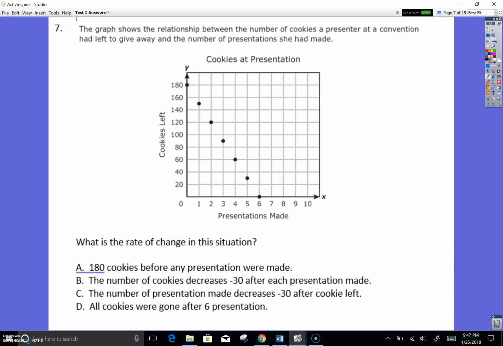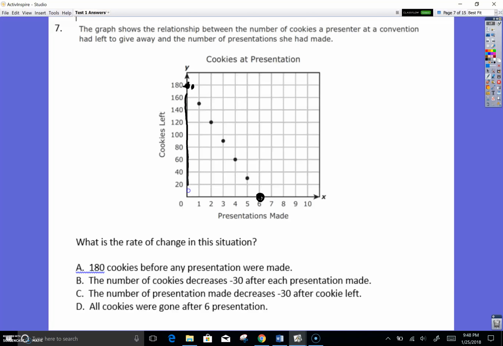Okay. The graph shows the relationship between the number of cookies a presenter at a convention had left to give away and the number of presentations she's made. What is the rate of change? The rate of change is, again, the slope, okay? You just pick 2. I like to choose, if it has the zeros, I like to choose those, okay?